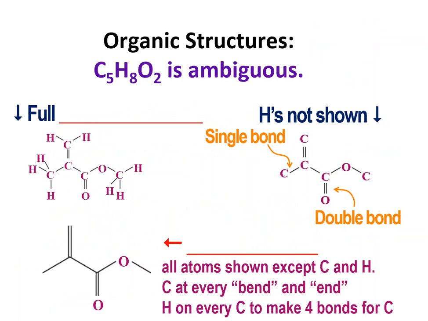The reason that organic compounds have their own system is that when you have a formula, that formula is ambiguous, because for those atoms there may be more than one way that you could connect them. And if they're connected in different ways, they're different compounds. So a lot of times for organic compounds, we have to draw structures.